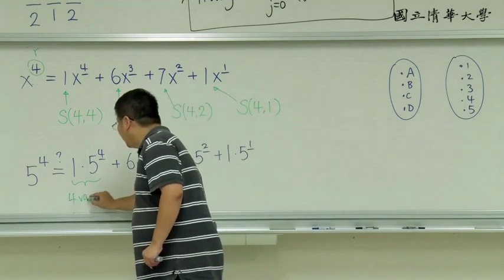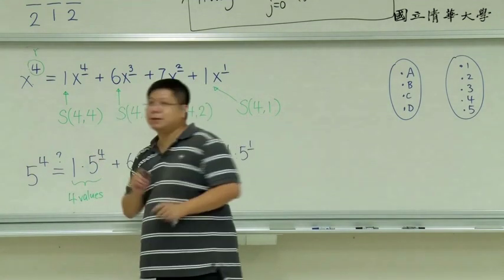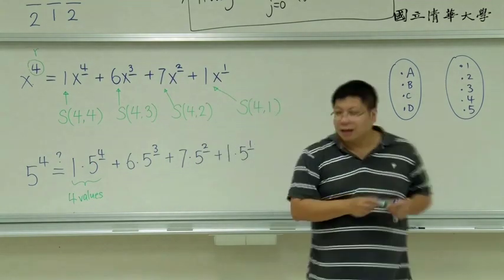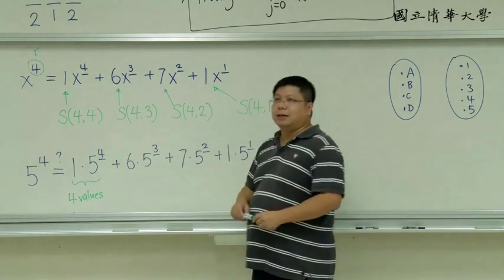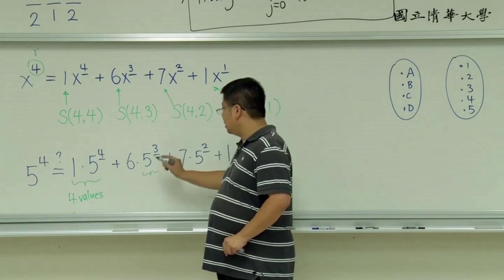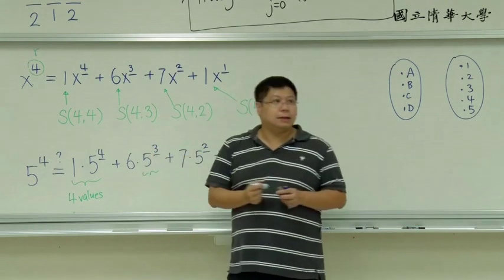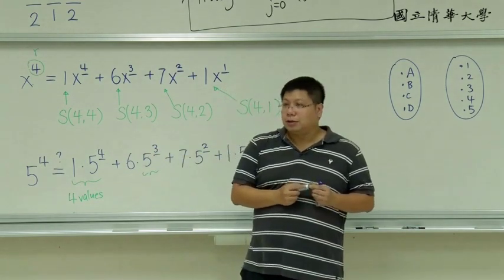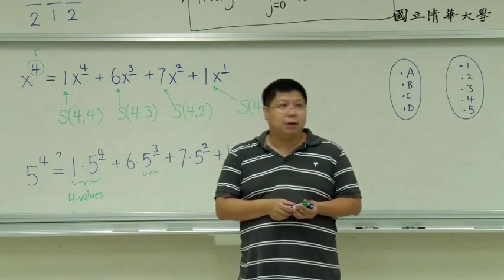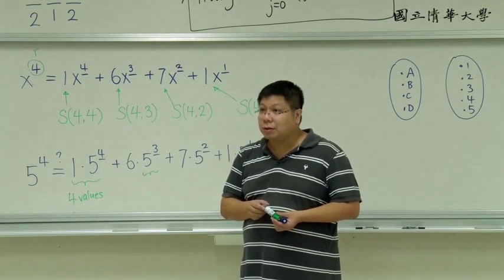A, B, C, D consists of 4 values. And how about this one? This part is the number of ways to have A, B, C, D choosing only 3 values to use.